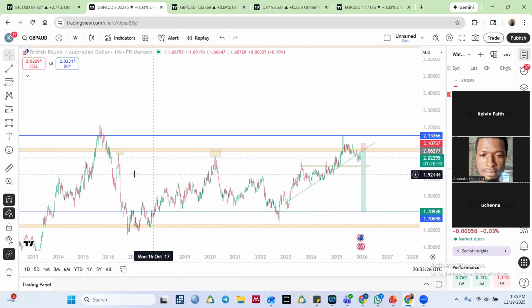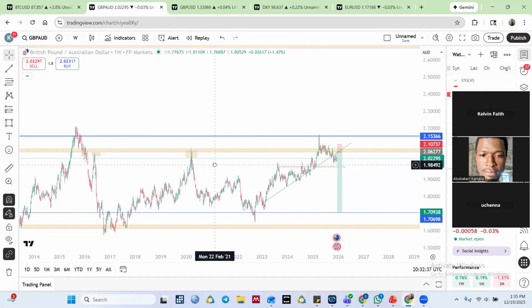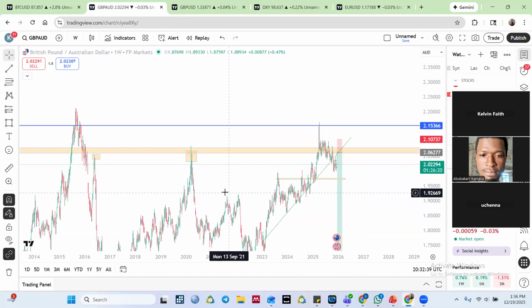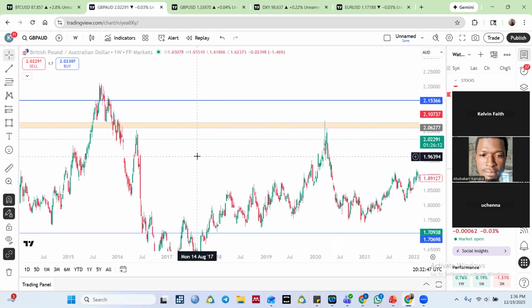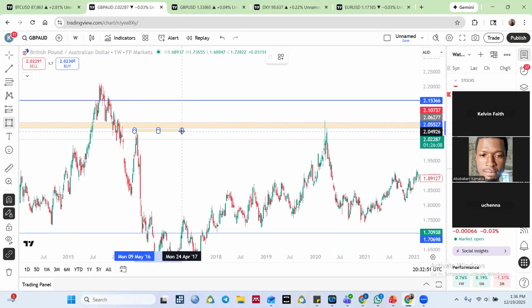So, what can you say about this level in the middle here? If price is to stay below this level, what do you think will happen? We can all see that at this level, sellers push price down.